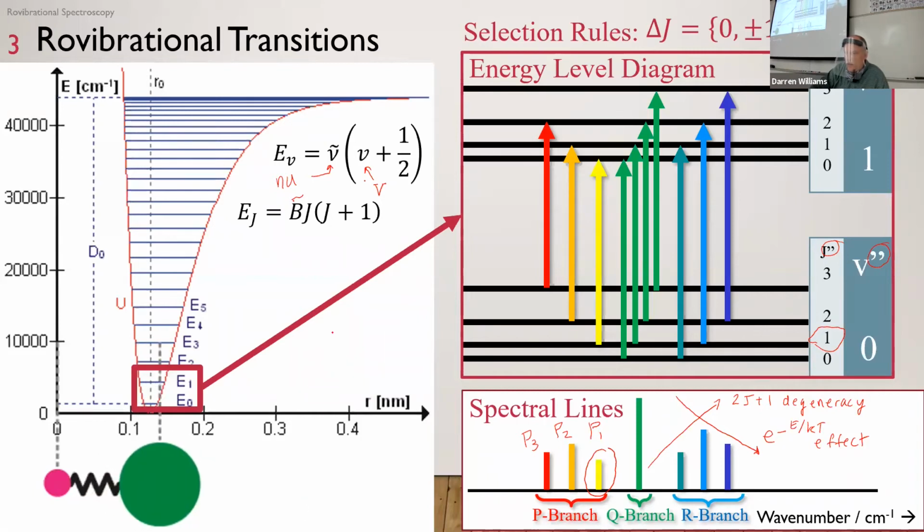So we have this labeling scheme where we have P and then J double prime, or R J double prime. And so this one, the green one, would be the R0. The blue one would be R1. And then the kind of purple one would be R2.